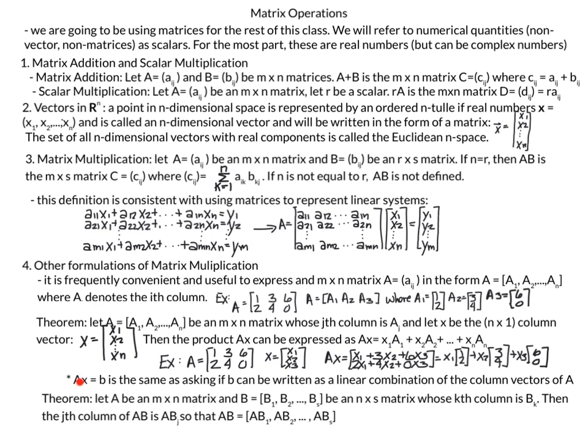And we noted that this equation, Ax equals B, is the same thing as asking if B can be written as a linear combination of the column vectors of A, as we have here.